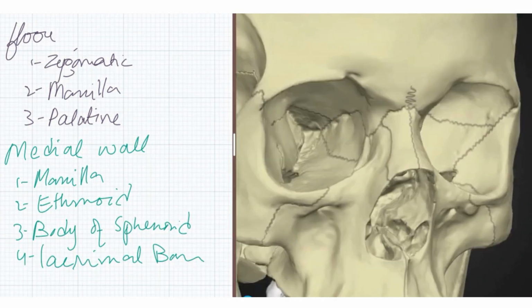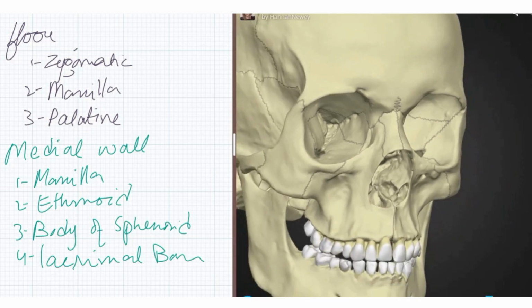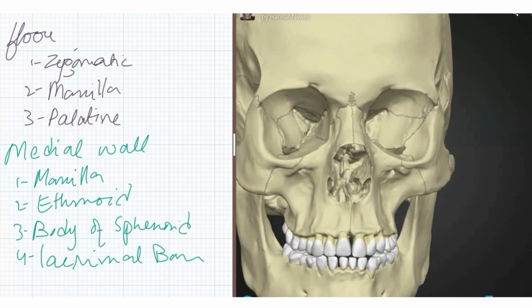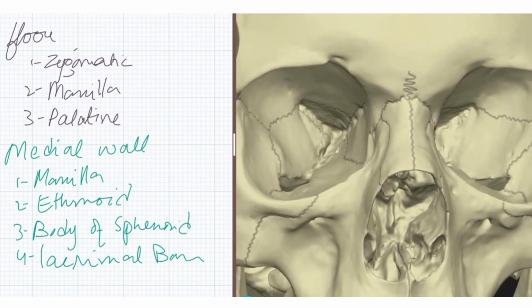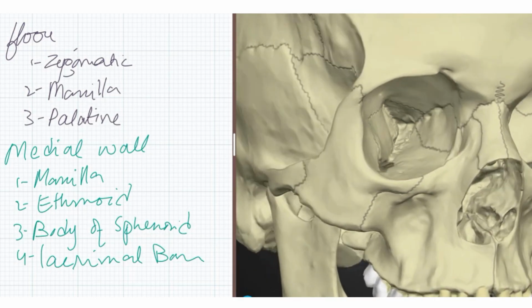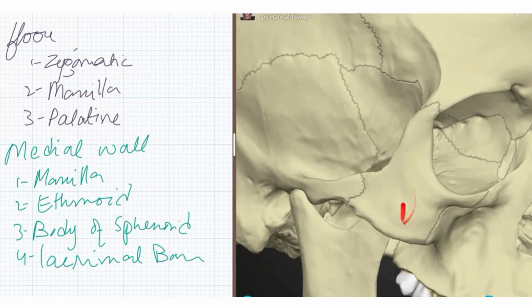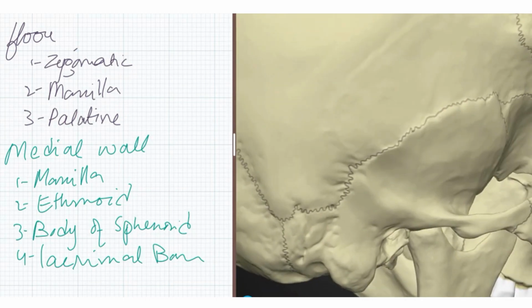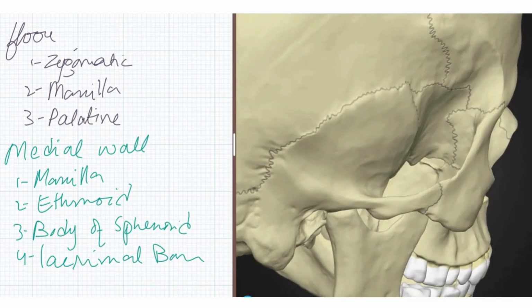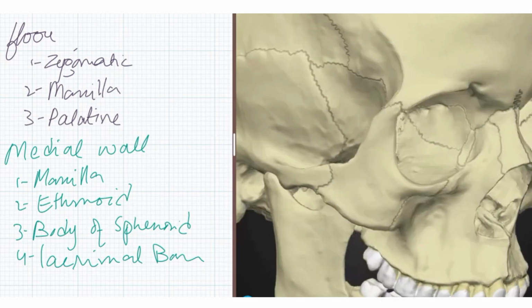Now let's recall. The roof of the orbit is made of frontal bone and the small portion of lesser wing of the sphenoid makes the posterior portion. The lateral wall is made of zygomatic bone and greater wing of the sphenoid.